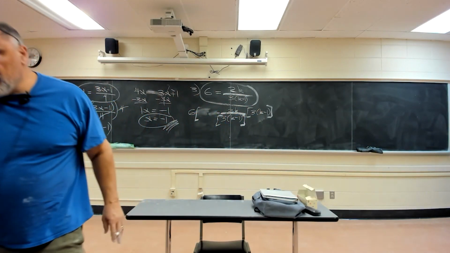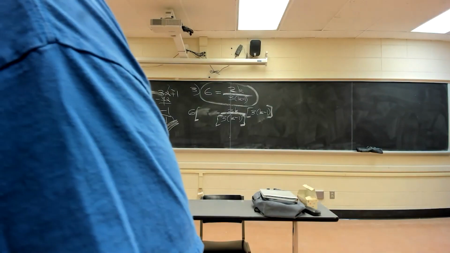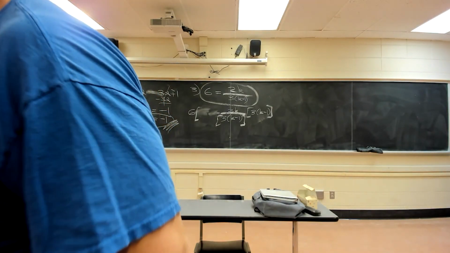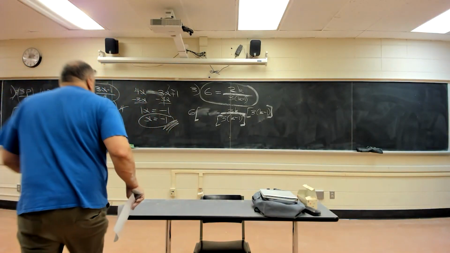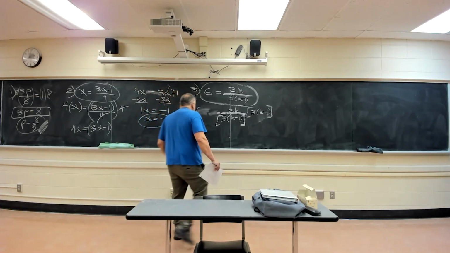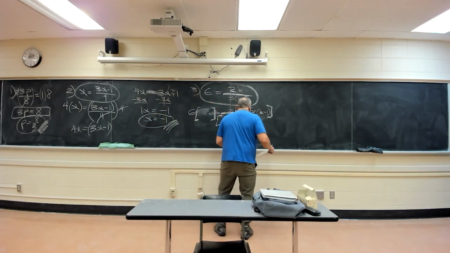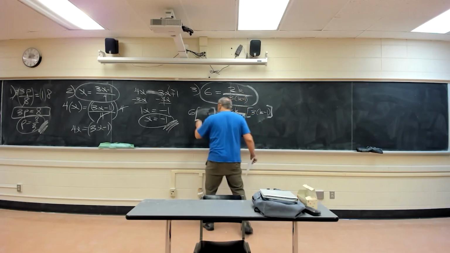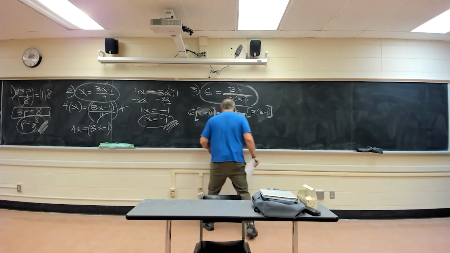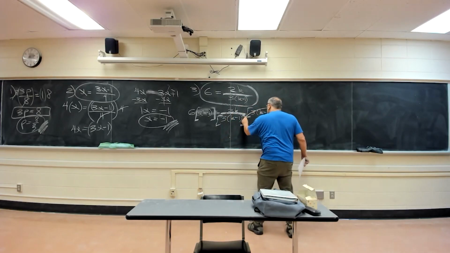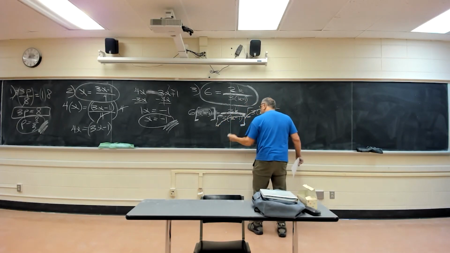Okay. So 3 times the quantity k minus 1 on each side. All of this, all of that cancels.